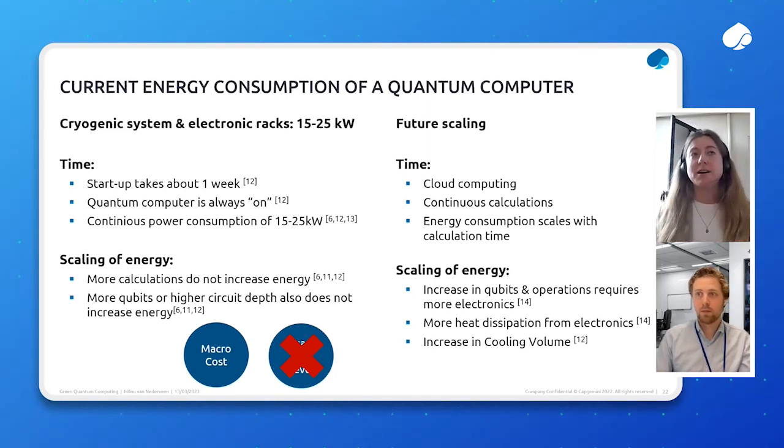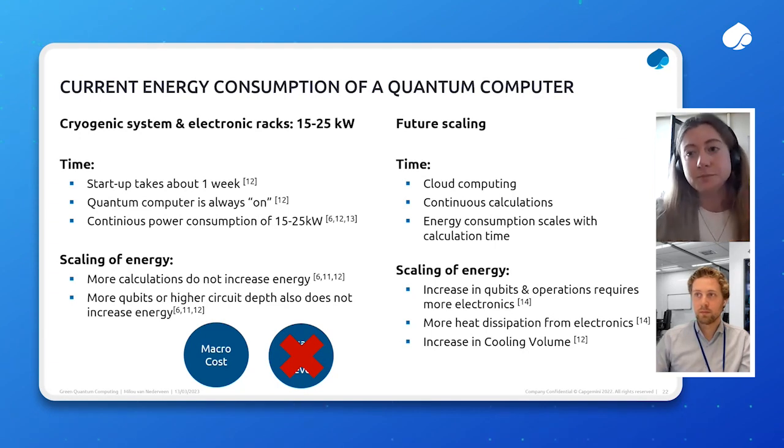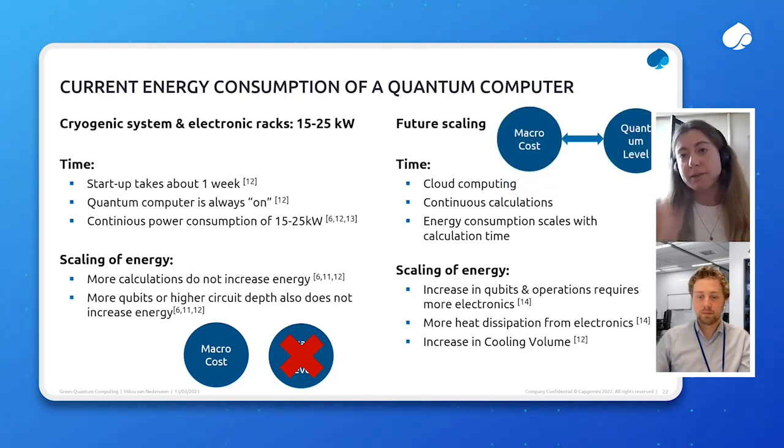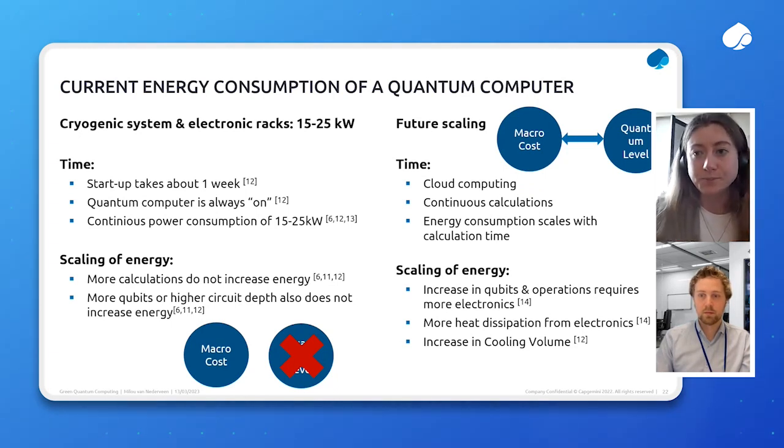And at the same time, the electronics also require a certain amount of volume, and therefore the cooling volume will also increase. So this all results in some scaling of the cooling costs. So now we can see that the macroscopic cost in the future will be in some way related to the quantum level.